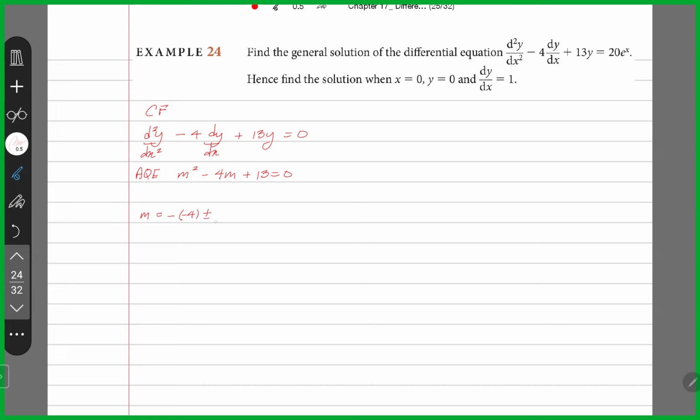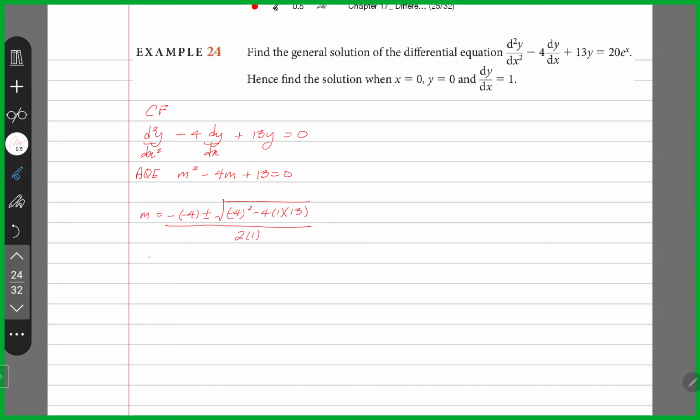plus or minus the square root of b squared minus 4 times a times c all over 2 times a.